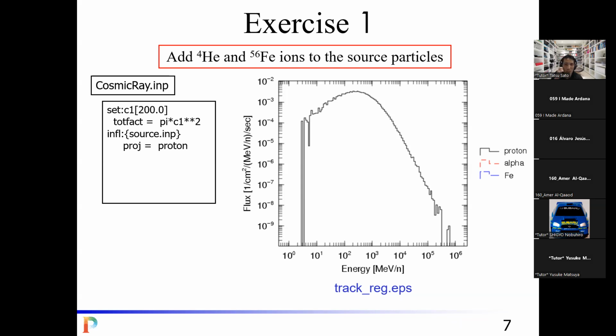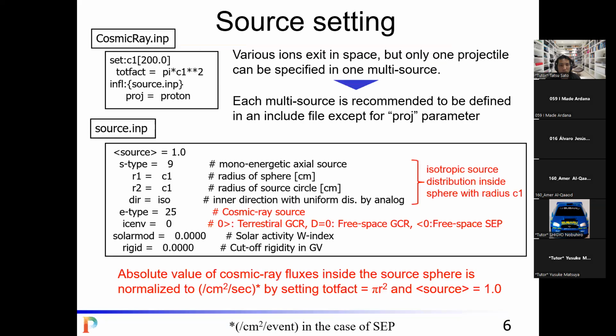Okay, so let's do exercise one. Add helium-4 and iron-56 to the source particles. For this exercise, you can understand why I use an include file for the source, because these parts are the same for every multi-source.